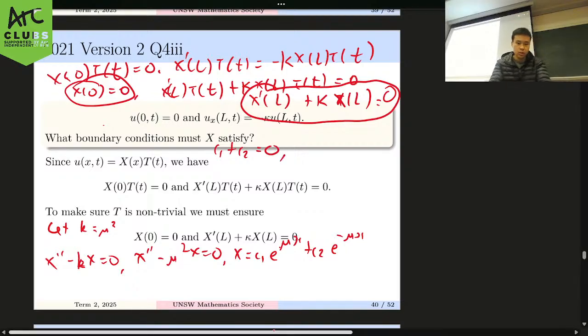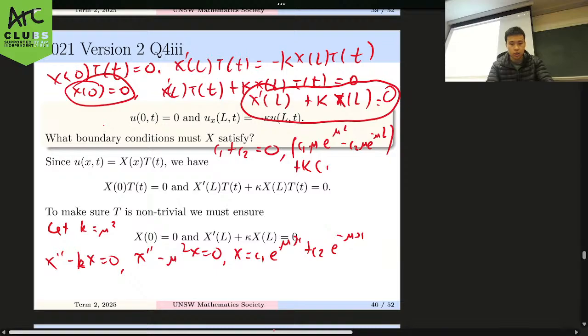Second condition. So okay, I put this in brackets, x dash. C1 mu e to the mu, we sub in L, minus C2 mu e to the minus mu L. So that's our x dash L plus kappa, and then we just sub in L as usual.